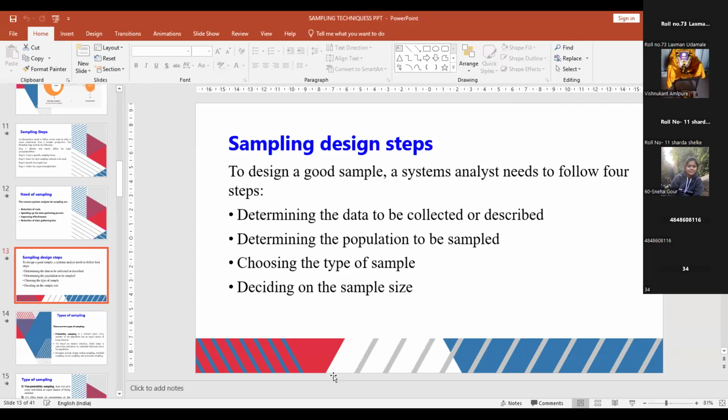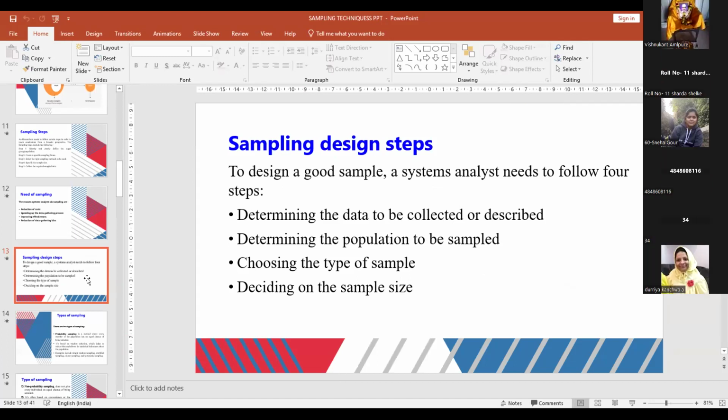First, we should have in our mind where our population is, whom our population is, maybe rural areas or urban areas or children or like that. So first determine the population to be sampled and then choosing the type of sample.